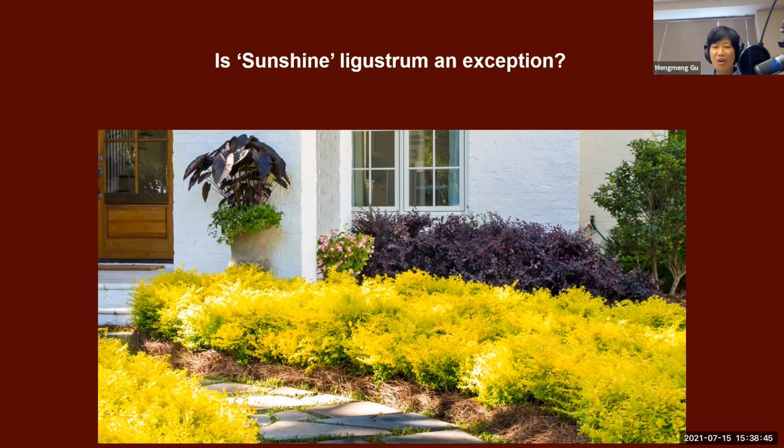It's so strong, it's basically a weed. So that chartreuse color actually tempered its vigor, its aggressiveness a little bit. So here in Texas, even under full sun conditions, these Sunshine ligustrums are still just doing great.